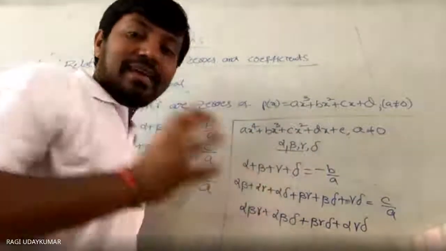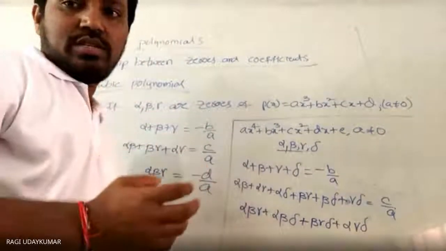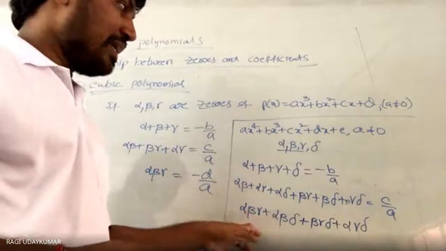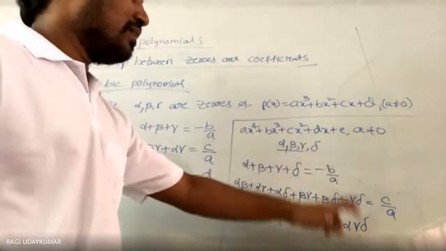So all you have to write is alpha beta gamma, alpha beta delta, beta gamma delta, and alpha gamma delta.